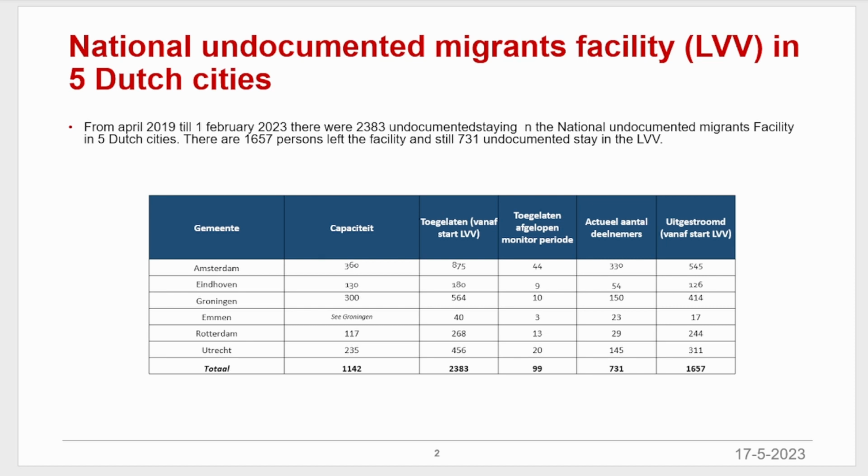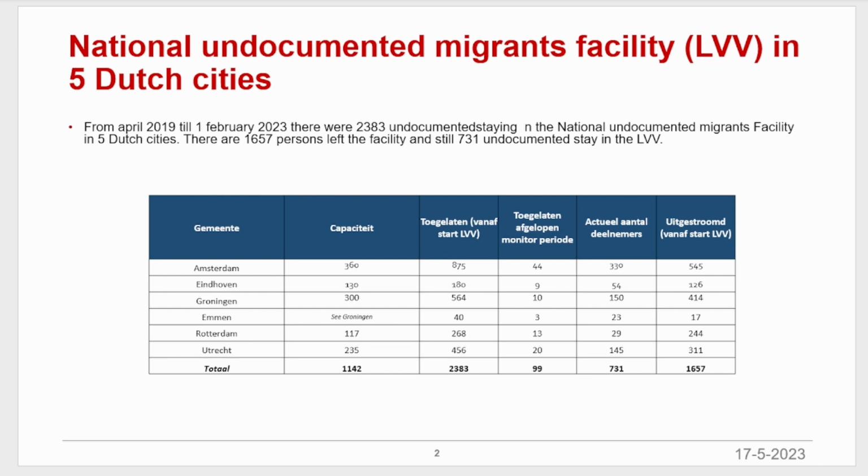We have shelter places, and you see that in the capacity. These are the cities and their capacity; for example, in Utrecht, the last one is 235 places. So we know, and that's important, that these people are undocumented, because otherwise you don't come into this facility.